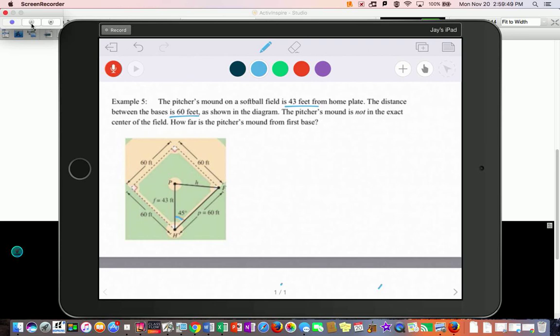So the pitcher's mound is not exactly in the center of the field. So how far is it from first base? This is what they want you to find. So H would be equal to the square root of 43 squared plus 60 squared minus 2 times 43 times 60 cosine of 45 degrees.